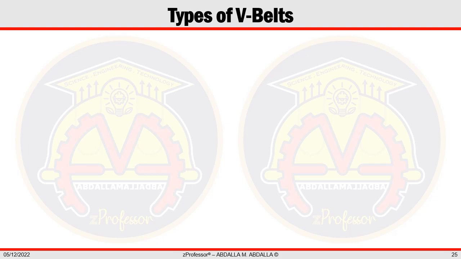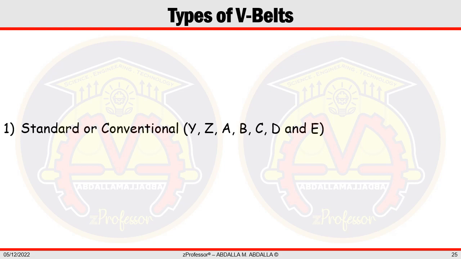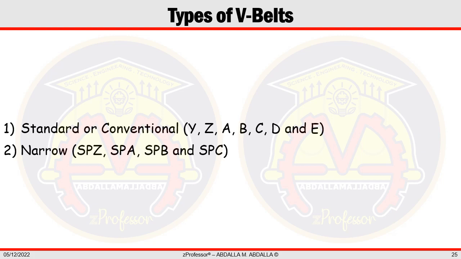In terms of cross-sectional size, length, power rating, and sheave diameters, V-belts have undergone substantial standardization. A standard or conventional V-belt and narrow V-belt are two main categories. At the same pitch width BP, a narrow V-belt has a higher height than a conventional V-belt.